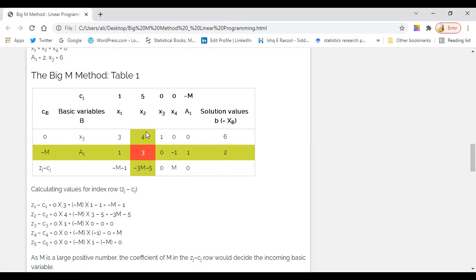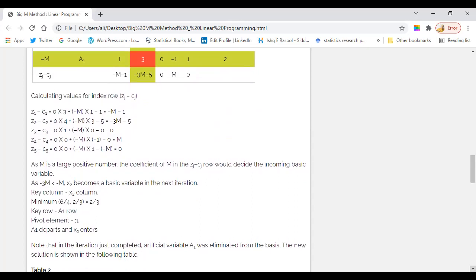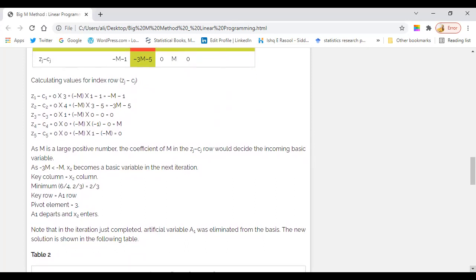So this column is our key column, and by dividing the solution values B by the key column values we get the key row, and the key element is 3. As M is a large positive number, the coefficient of M in the zj minus cj row decides the incoming basic variable, as minus 3M is less than minus M. So x2 becomes the basic variable in the next iteration.